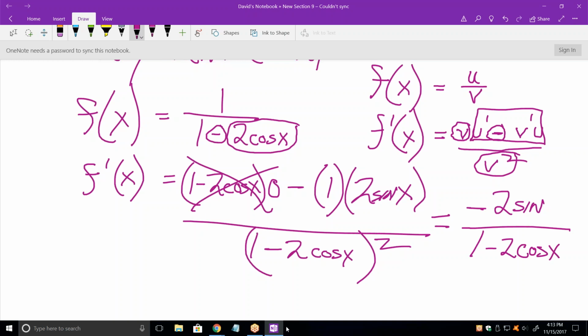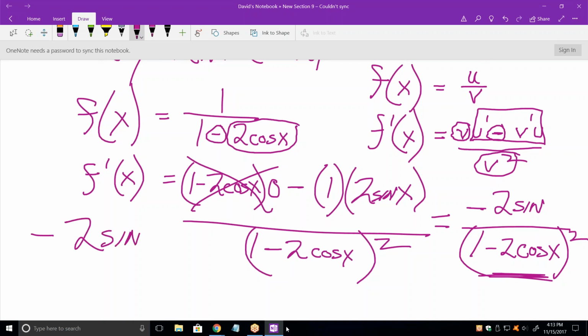Actually, no, I was going to say, it might be worth squaring that, because we might end up with a 1 minus cosine squared, which is an identity for sine squared. In other words, if we could turn that into sine, then I can do some simplification. Let's see. I don't think it does. Here's what we end up with.